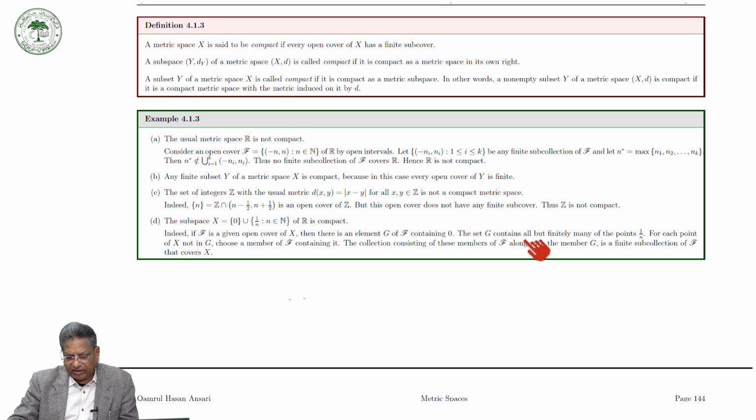Then G contains all but finitely many of the points 1 over n. So for each point of X not in G, choose a member of F containing it.